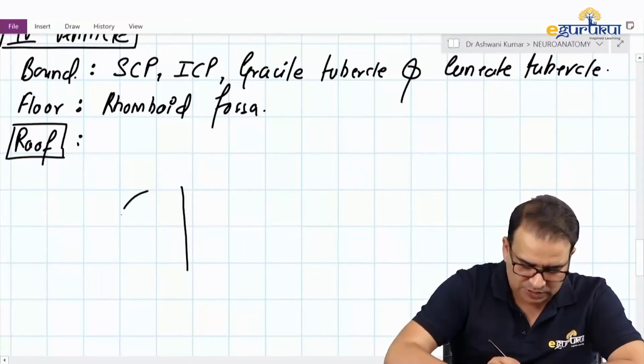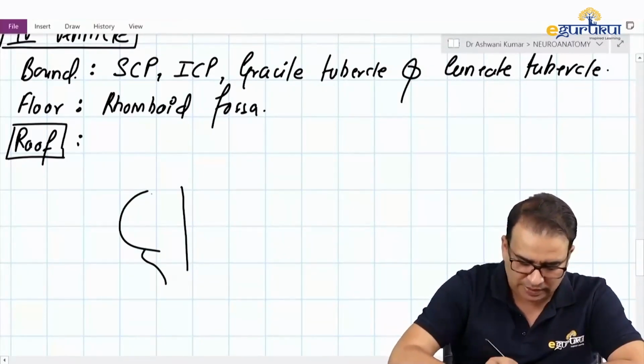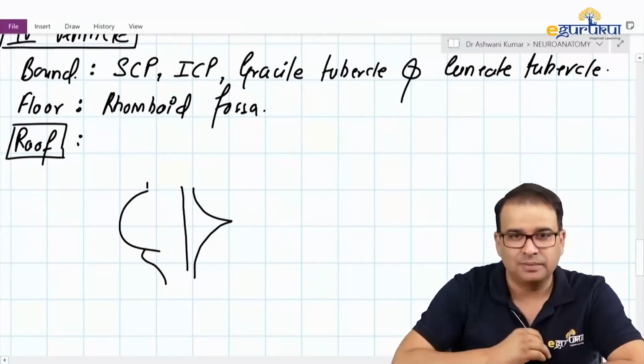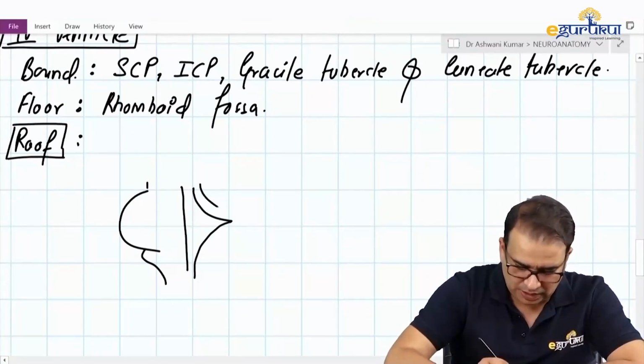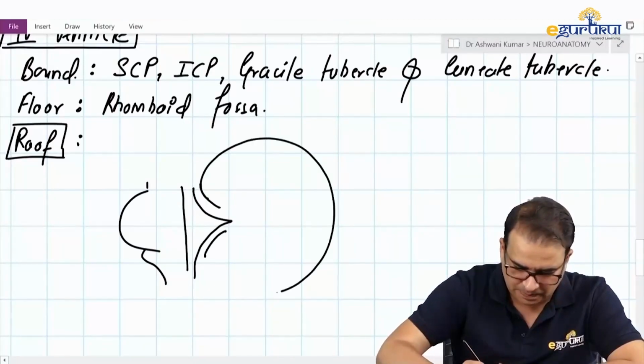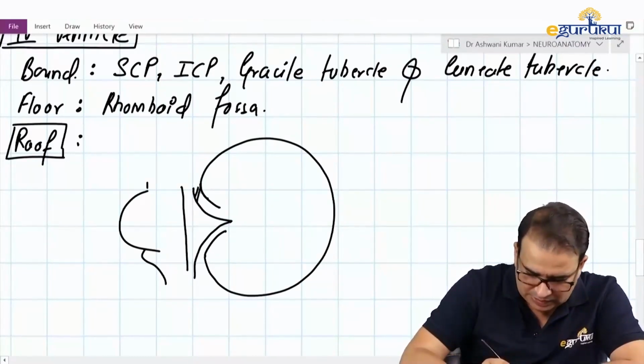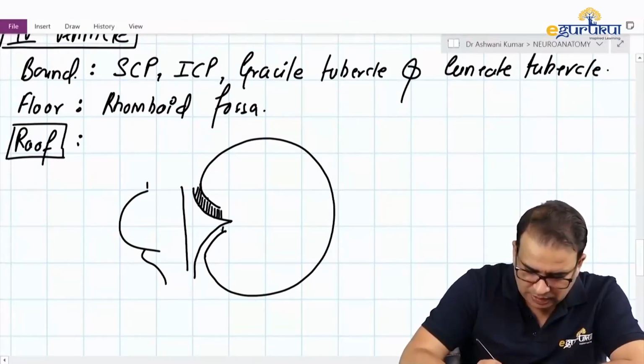Here we got the pons anteriorly, and the medulla oblongata. And this is how the fourth ventricle was, that's the fourth ventricle. And here we got the cerebellum. Now look at this. This is forming the roof in the upper part, and then below this angle, this is forming the lower part of the roof.